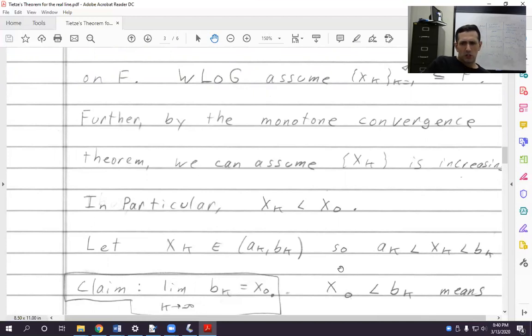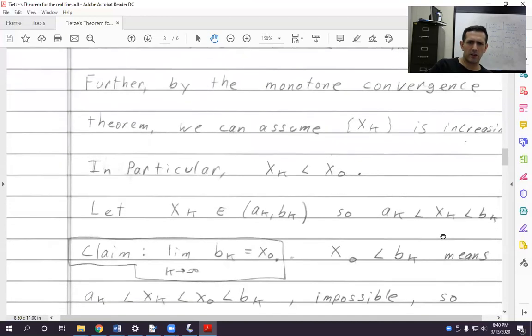To do this, let's assume x0 is less than bk and get a contradiction. If x0 is less than bk, then ak is less than xk, just from here, and xk is less than x0 from here, and we're assuming x0 is less than bk.